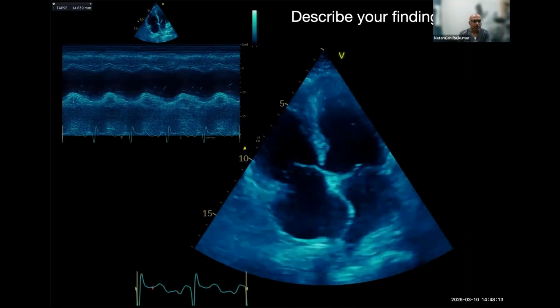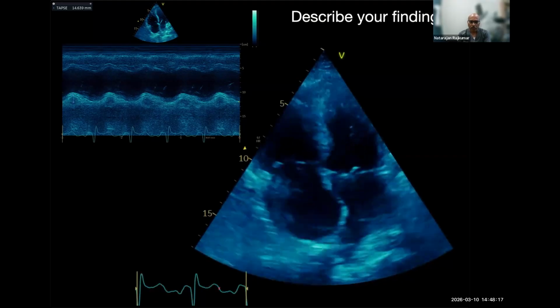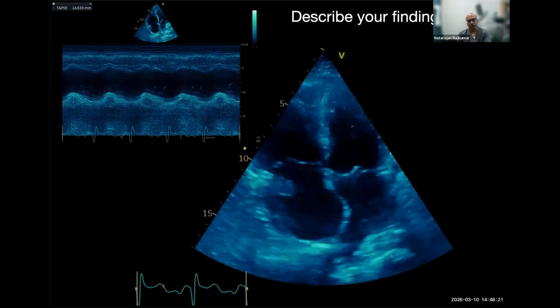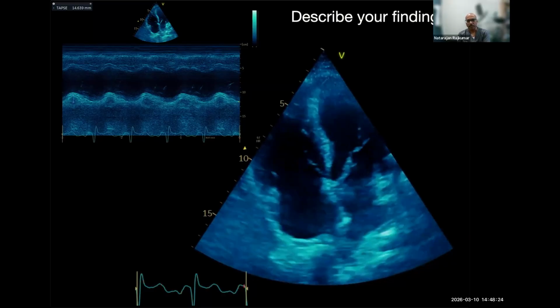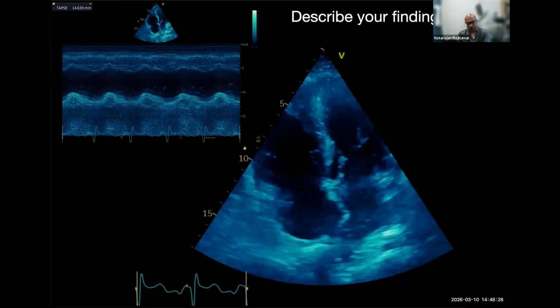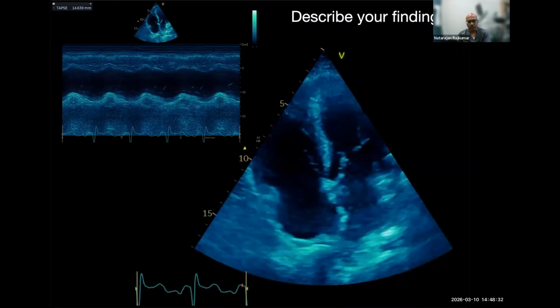The TAPSE is 14 millimeters. It is less than normal, I would say mild. And then in the apical 4-chamber RV focused view, the right ventricle is, I would say, severely dilated, as it is more than the size of the LV. The right atrium is dilated.